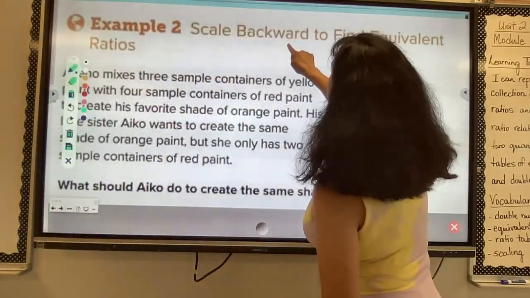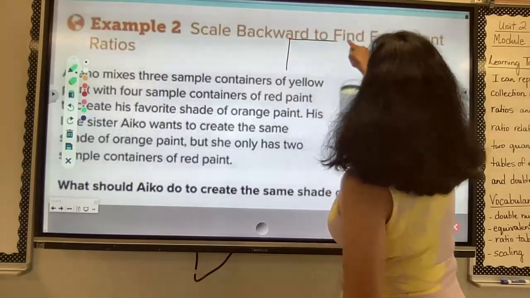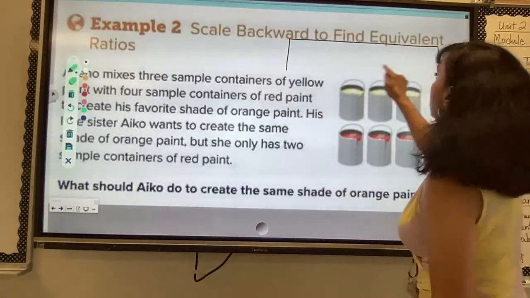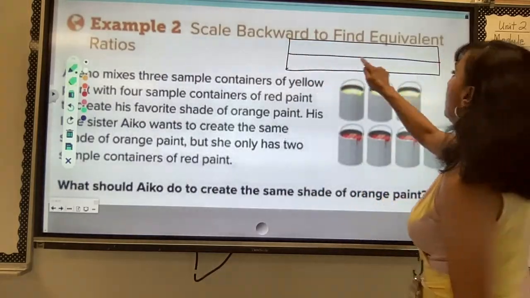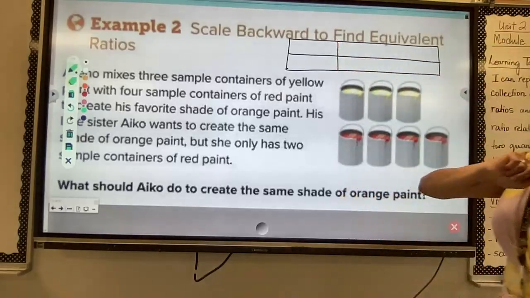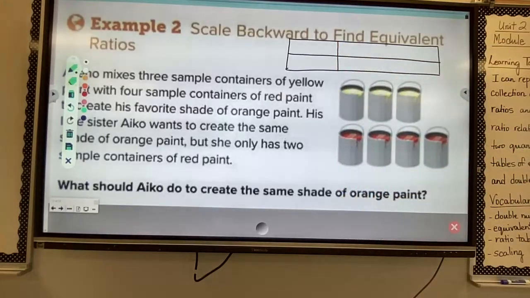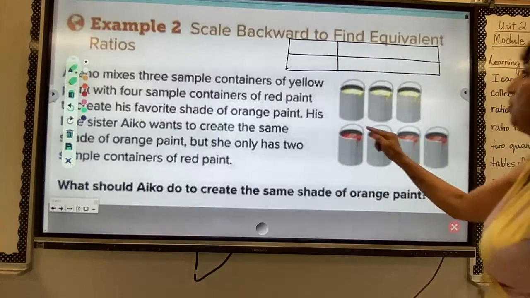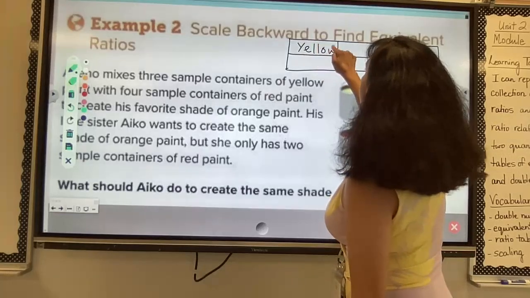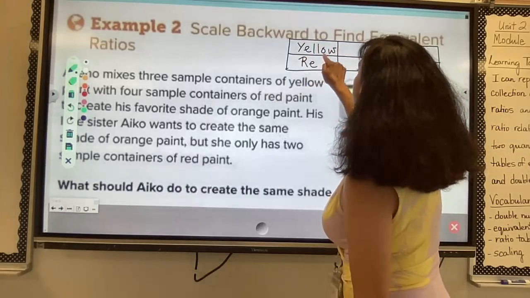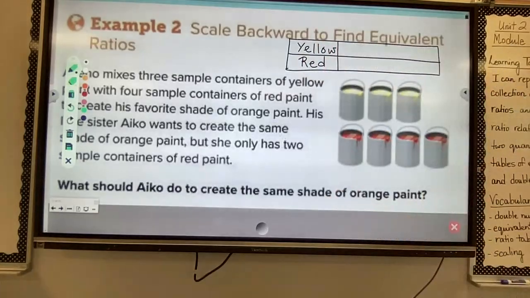I'm going to create the ratio table up here so you can see what I'm doing. There's my table, and this is my yellow paint to my red paint, what I have.